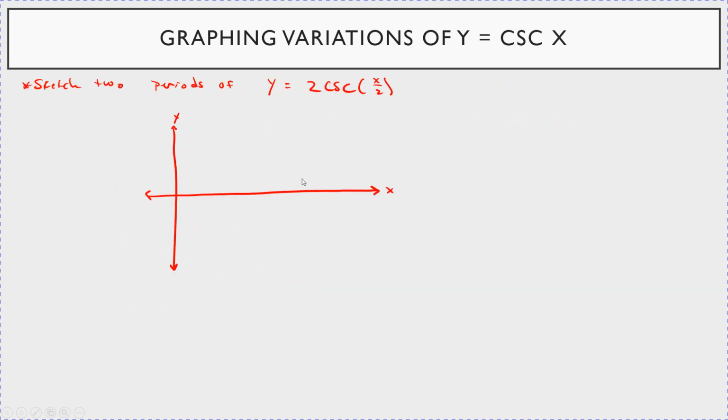So I'm going to start at 0 and then pi, 2 pi, 3 pi, 4 pi, 5 pi, 6 pi, 7 pi, 8 pi. And we're going to be using the graph of this y is equal to 2 times sine of x over 2.